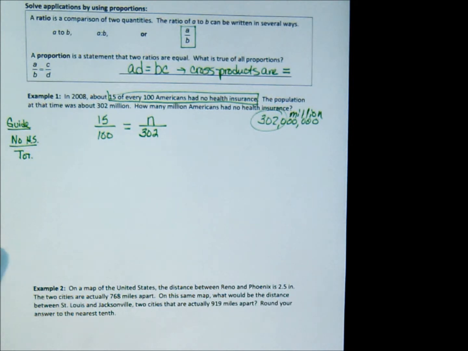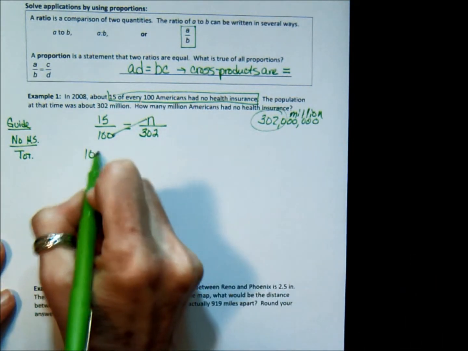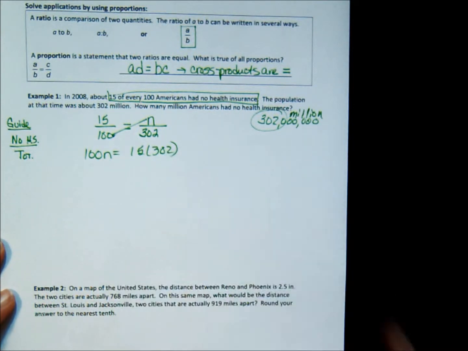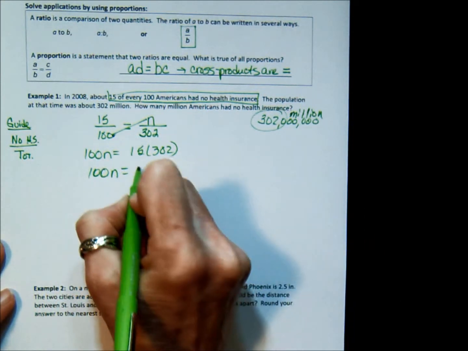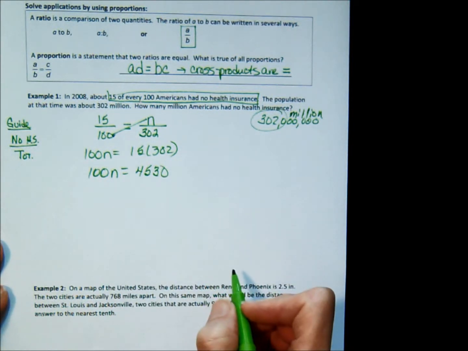We will be using cross products to solve. So what we're going to say is the first cross, I'm getting my calculator out here. The first cross is 100 times N equals 15 times 302. Or 100N equals 4530, and remember, that's million.